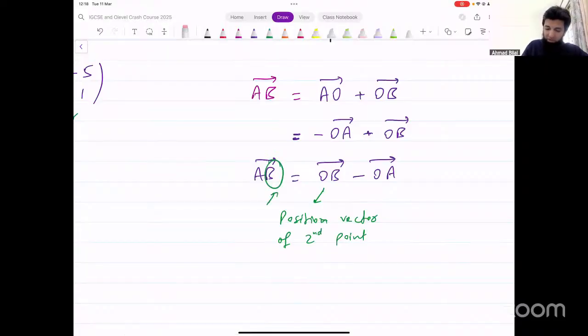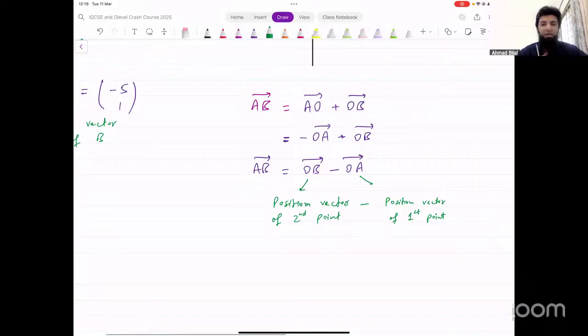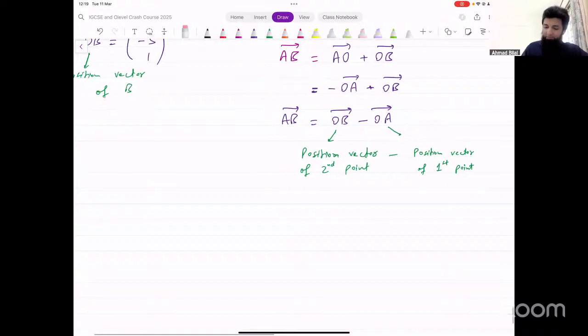This is the second point, B, minus the position vector of the first point. That is how we can find the vector AB. It's OB minus OA. All right.